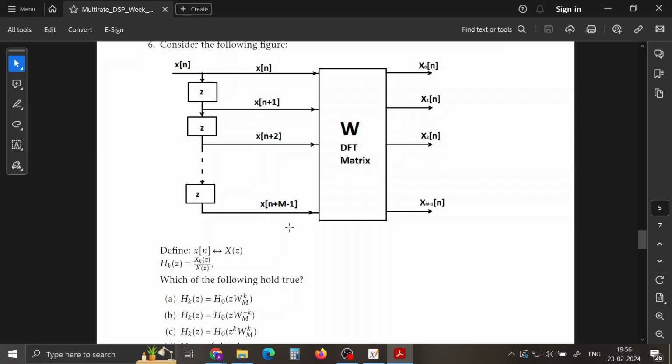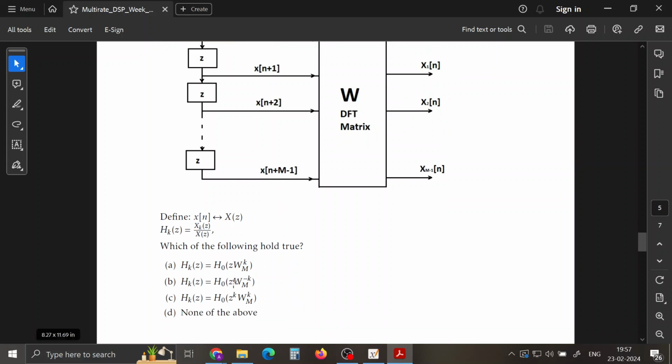This is the notation, and then which of the following is true? We are given some options which relate the transfer function of the kth branch, Hk of z, to the branch k equals 0. Basically, there is a relation between Hk of z and H0 of some function of z. So how are they related? That's what we are asked.